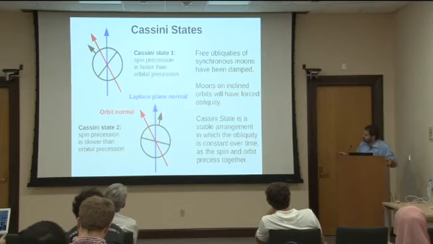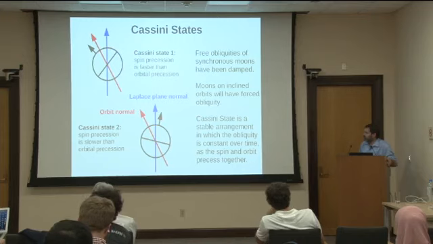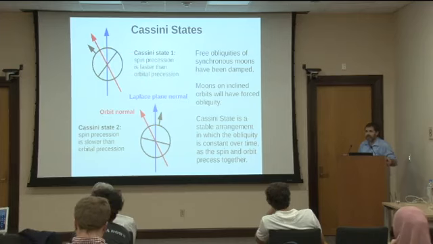So what I've drawn in the plane of the slide is naturally the plane in which all three vectors are. So the only interesting catch is that as the moon is moving away from Earth, first, this Cassini state 1 is stable, but then at some point, the second Cassini state becomes stable.